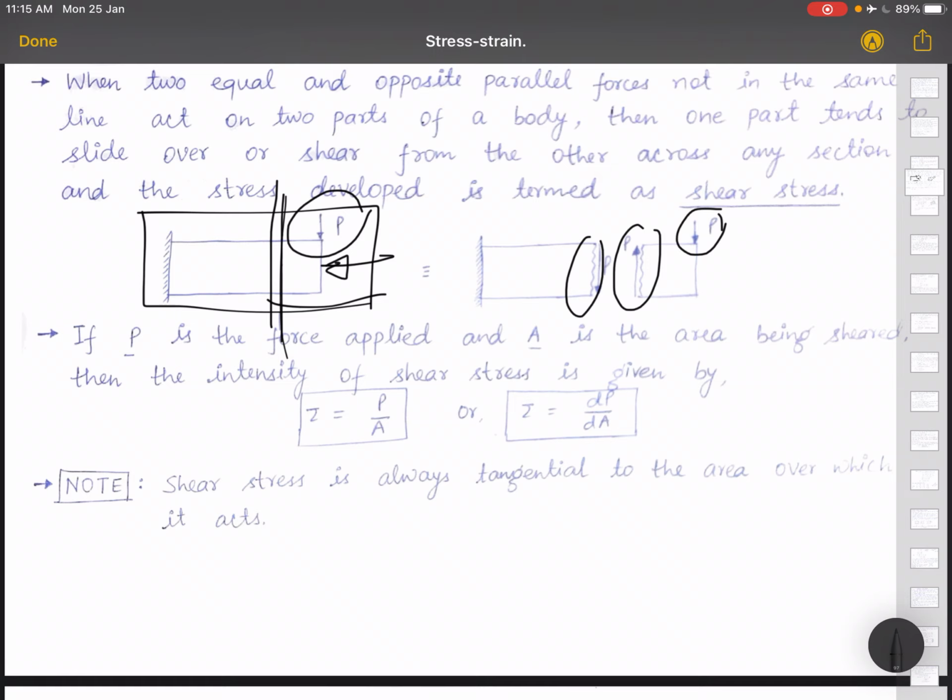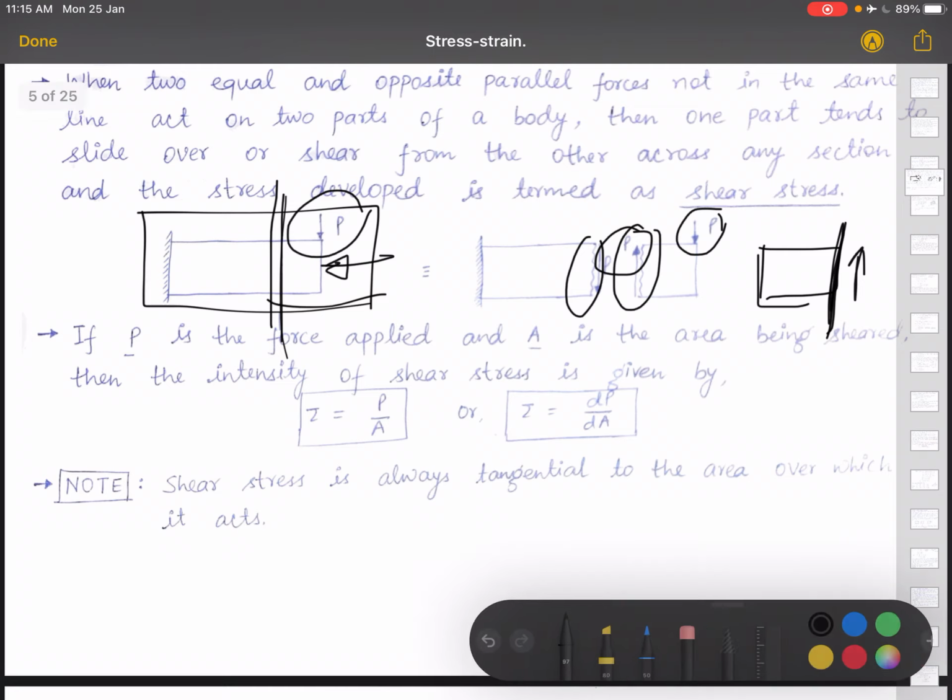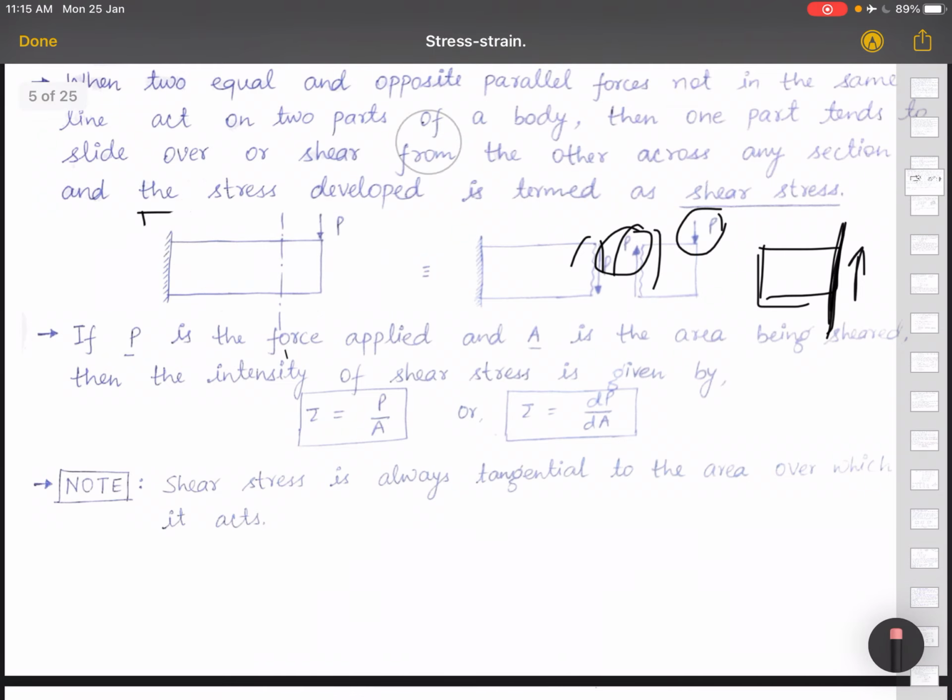This force which is parallel to this surface, parallel to the transverse direction, will be termed as shear force, and the stress due to this shear force will be termed as shear stress. I hope it is clear.